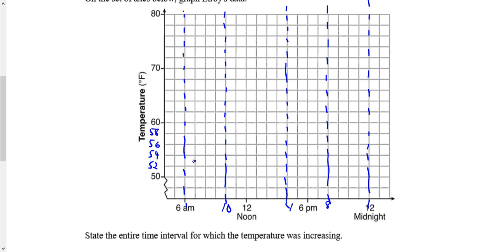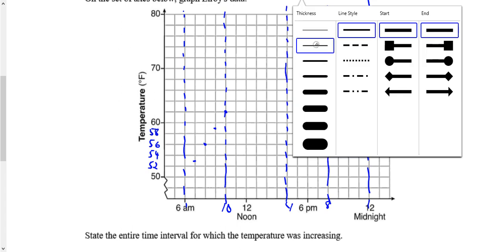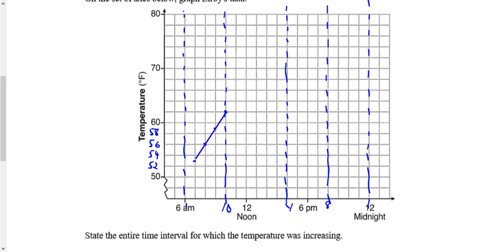Yeah, 3, and then 1, 2, 3, 1, 2, 3, like that. And over here go 1, 2, 3. It should be about there, yeah? Everybody's first line looks like that. 3 degrees per hour.